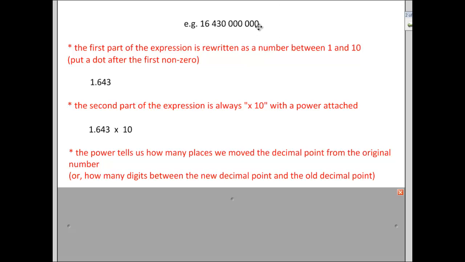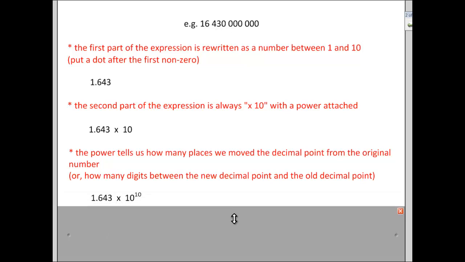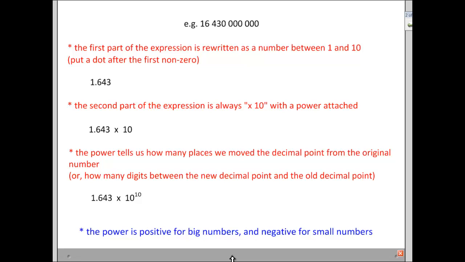In this case, we've got 1, 2, 3, 4, 5, 6, 7, 8, 9, 10. 10 digits. So that is the power that we raise the 10 to. 10 to the power of 10. And the power is positive for big numbers. And you'll see in the next example that it's actually negative for small numbers. Okay, so here we've written this number in scientific notation.